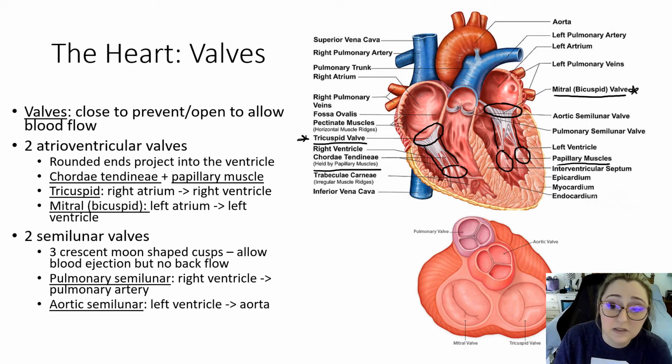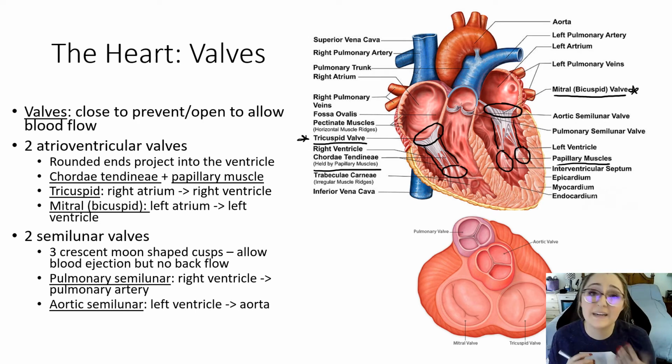As these muscles relax or contract, it's going to cause tension or relaxation on the chordae tendineae. This is going to cause the valve to either close or to be pulled open. So when it is contracted, it's going to be pulled open, and when those chordae tendineae and papillary muscles relax, it's going to snap shut.